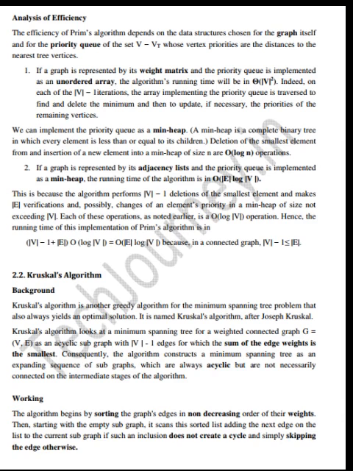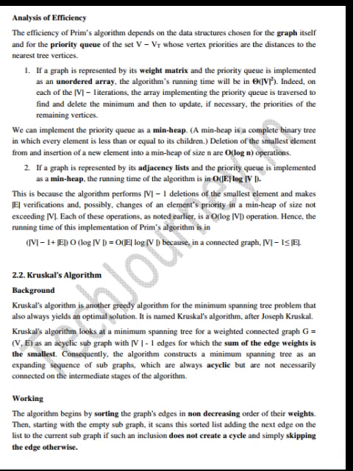Each of these operations, as noted earlier, is an O of log |V| operation. Hence, the running time of this implementation of Prim's algorithm is in O of |E| log |V|, because in a connected graph |V| minus 1 is less than or equal to |E|.